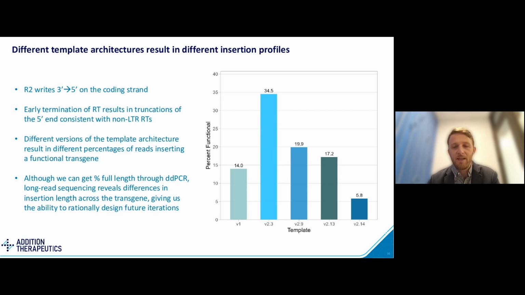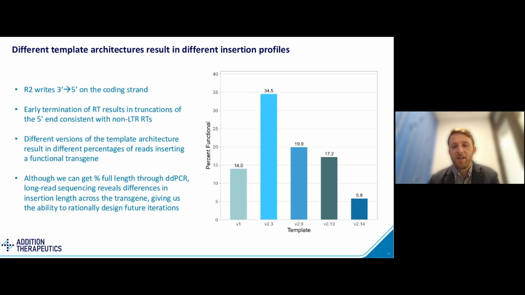And what you can see is that just by changing the sequence composition of the template, we're able to get massive differences in the percent of reads that reach functional length before integrating into the genome, anywhere from 6% on our worst performing template to almost 35% on our best performing template.